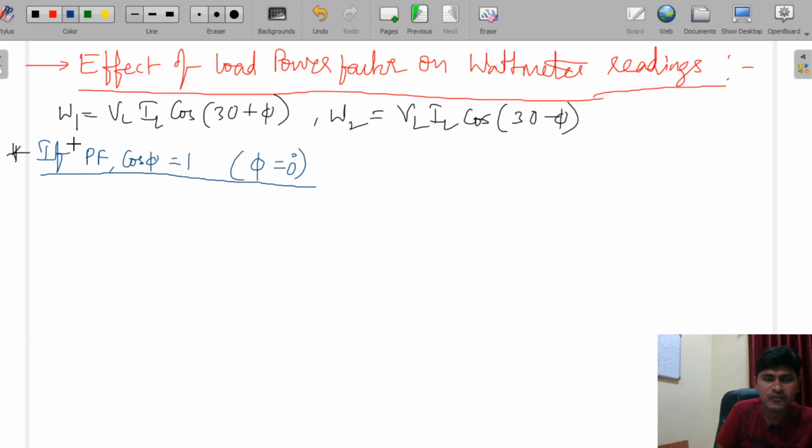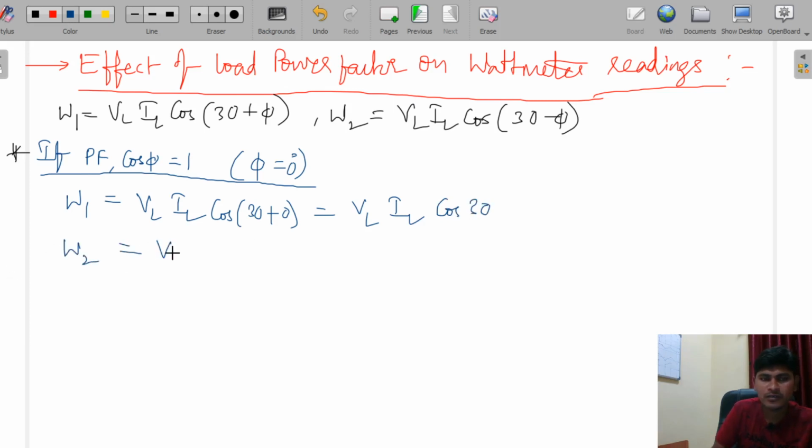Then what will be the reading of wattmeter 1 and of wattmeter 2? W1 is equal to VL IL cos of (30 plus 0), which is equal to VLIL cos 30. W2 is VLIL cos of (30 minus 0), which is equal to VLIL cos 30.